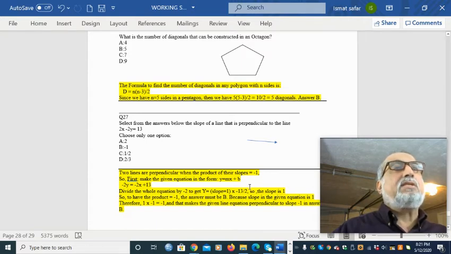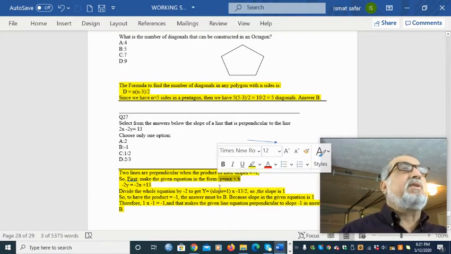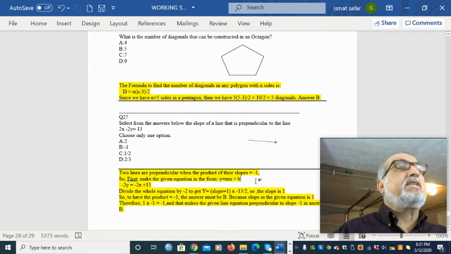We're not going to change it, we're just going to adjust it. So we can write -2y equals -2x plus 13.